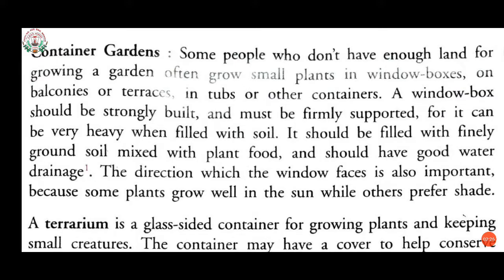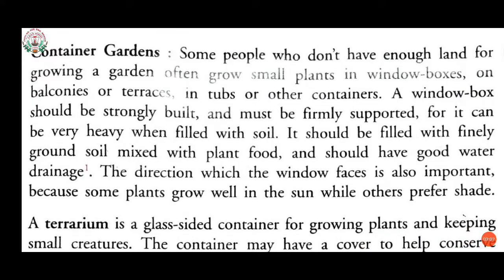Now I would like to start with the explanation. I already explained this, students, and we have also seen the image of container gardens, how it looks. Here in the book, in a brief way, it is given that usually people plan for container gardens when they don't have enough space for gardening, or I can say sufficient land for gardening.